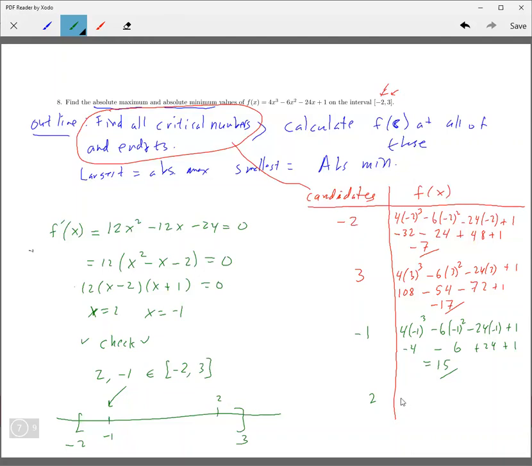And then putting a 2 in, you got 4 times 2 cubed minus 6 times 2 squared minus 24 times 2 plus 1. So that looks like 4 times 8, that's 32, minus 6 times 4 is 24, minus 48 plus 1. And that's negative 39.